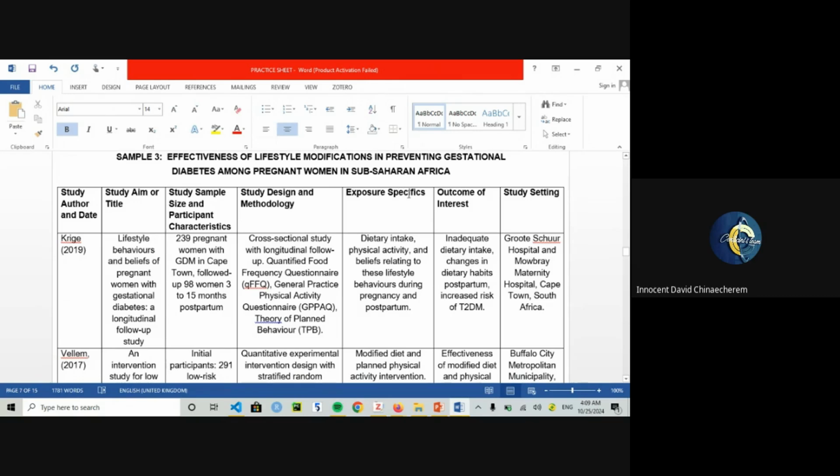Remember that I said this is more aligned with the PEO model, but it's just specific to this particular research question, because it tries to look at some of the lifestyle modifications. So we need to know what they are exposed to, the outcome of interest, and study setting.